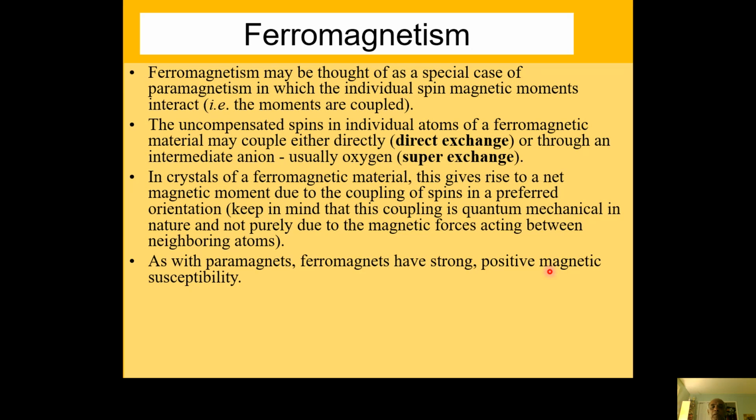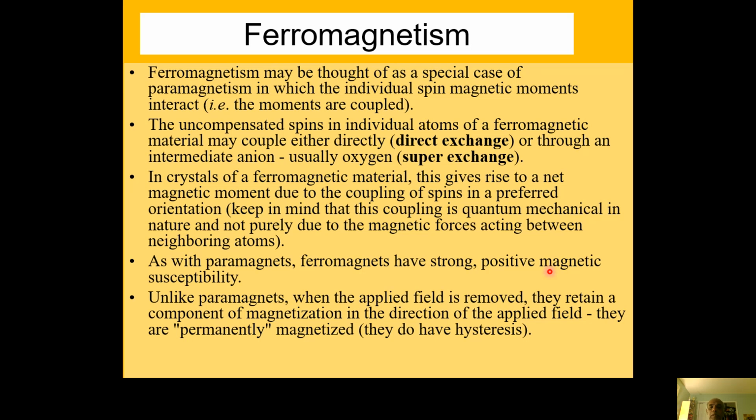Ferromagnets have strong positive magnetic susceptibility. Paramagnets have positive susceptibility, but very small, less than 1. But ferromagnets have very high positive susceptibility.